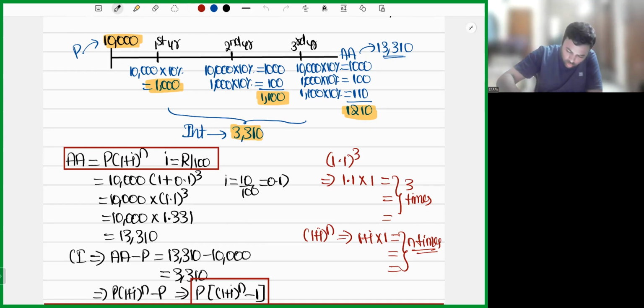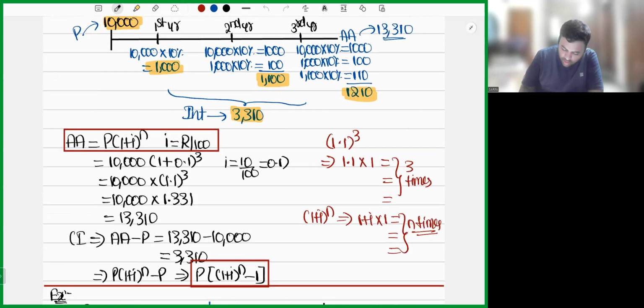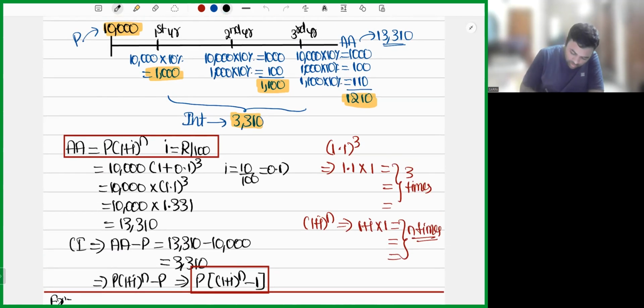Alternatively, if you want, you can do it in the calculator also. It is quite simple. Principal is 10,000 in our example. Rate of interest is 10% for 3 years. So directly I'll do plus 10%, plus 10%, plus 10%.